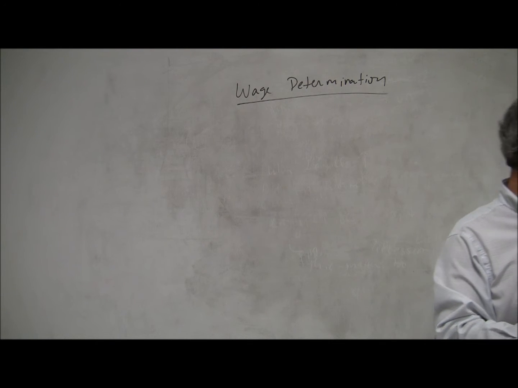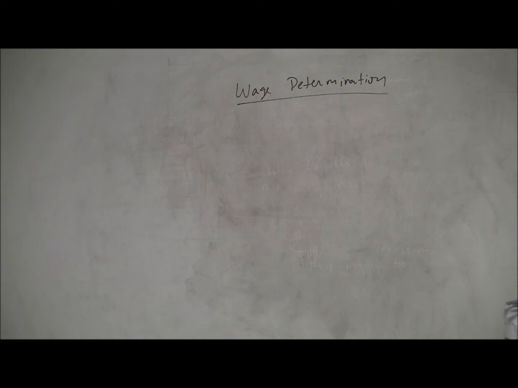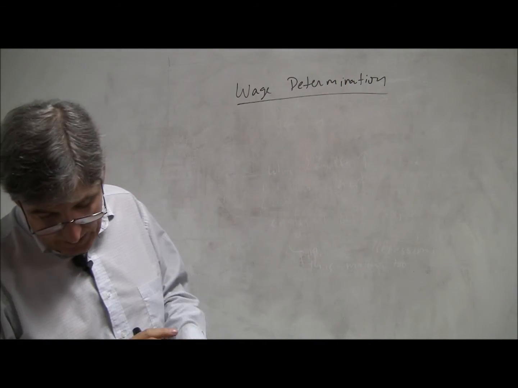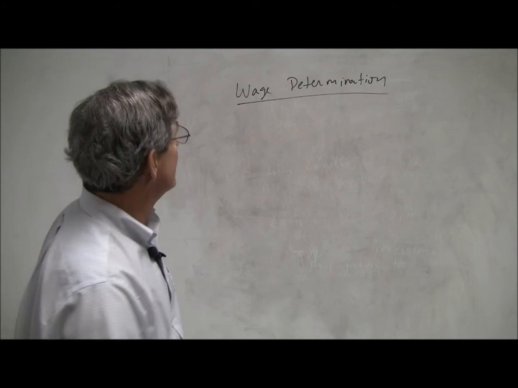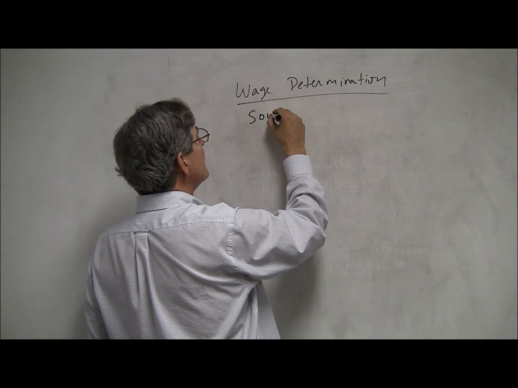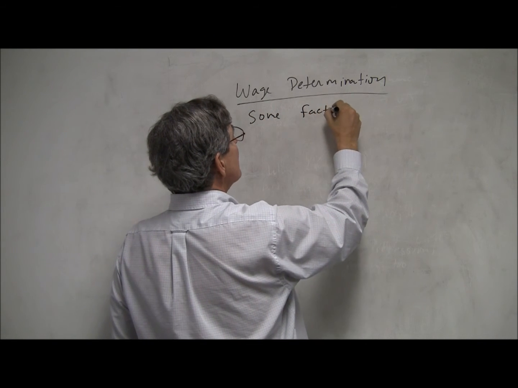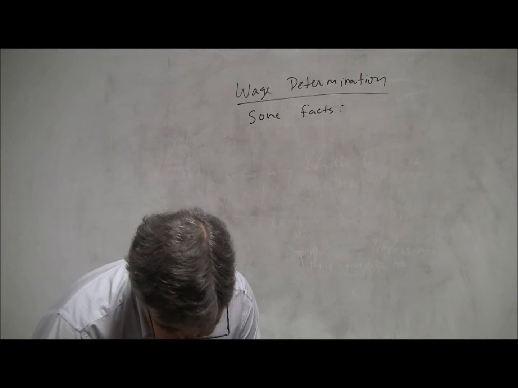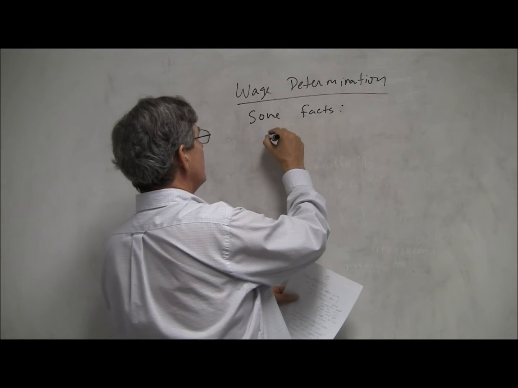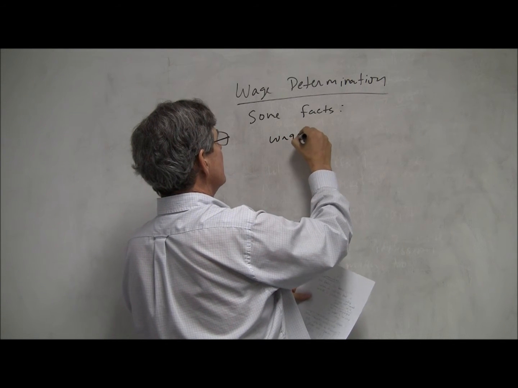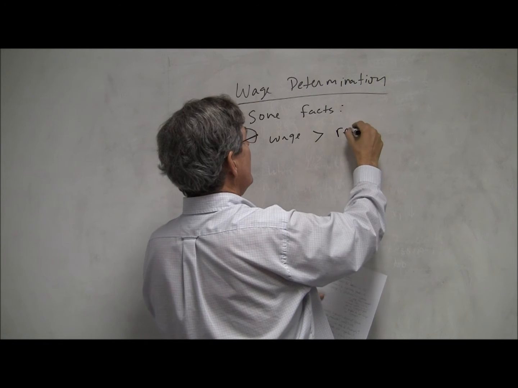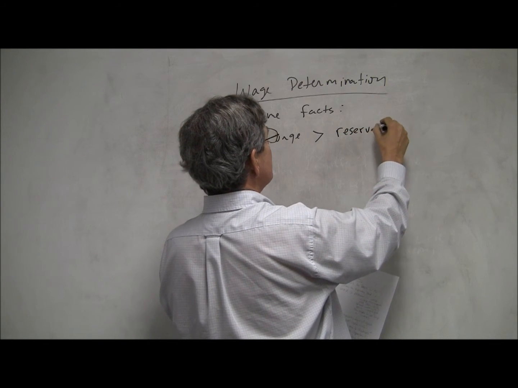So now remember the big topic here is labor markets. We want to figure out how wages are determined. So some facts to begin with. The first is that the wage that's actually paid is in general greater than what we call the reservation wage.